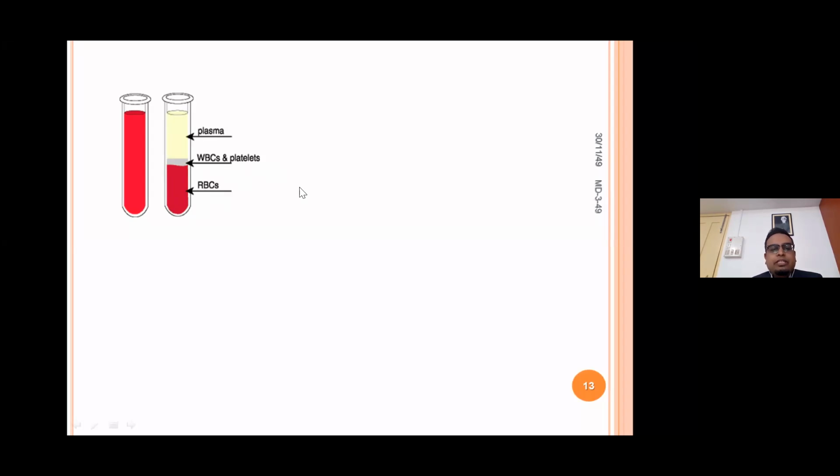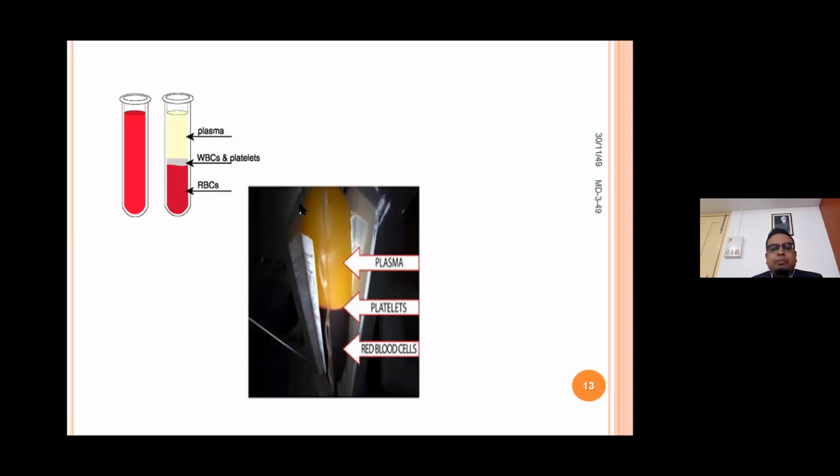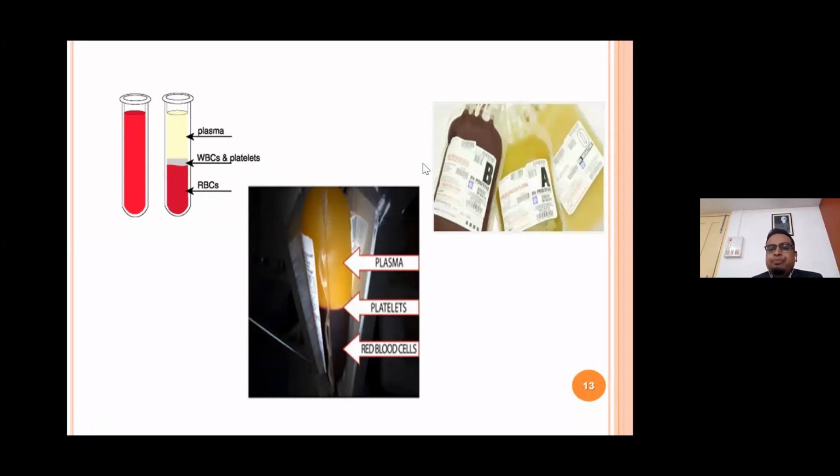The same principle applies to separation of components. If we centrifuge the blood bag in a cryocentrifuge, we get the 3 layers: plasma, platelets, and RBCs, and we separate them into 3 different bags. That is the basic principle of separation of a blood unit into components.